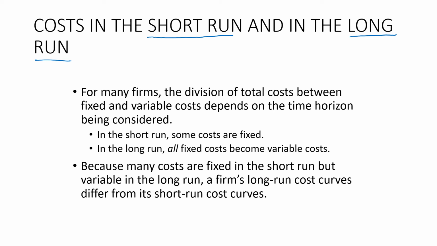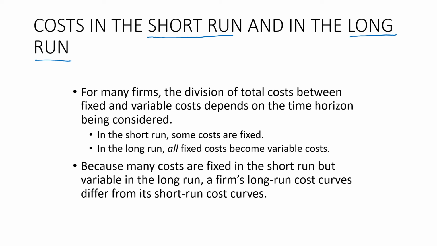We have hired a place and we want to produce goods and services, but what if due to certain reasons we are not able to produce the goods and services, we are making losses and we have to shut down the firm, but in the short run we still have to pay the fixed cost, the rent for that place, we are still going to pay that. And in the long run, if we are still making losses and the factory is closed, what we can do is get rid of that place, and that becomes a variable cost.